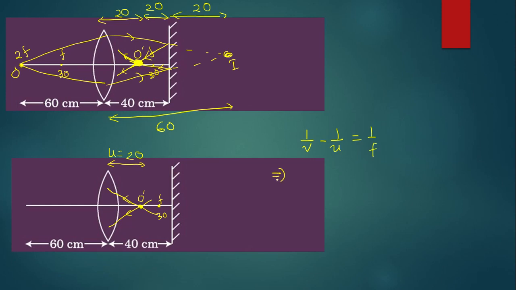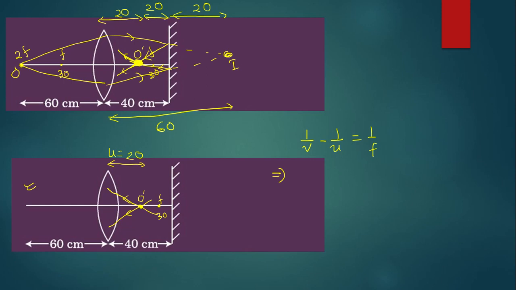Now, whenever we want to apply the lens equation, we apply the sign convention also. What sort of sign convention? New Cartesian sign convention. Whenever we apply the new Cartesian sign convention, we should note that the object is always placed on the left hand side of the lens or the mirror, and rays of light travel towards the right.